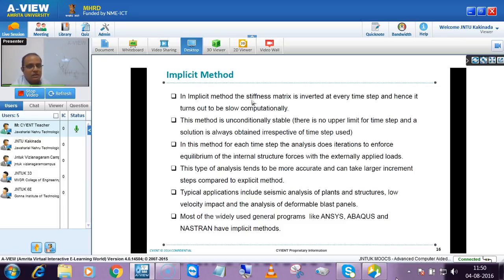With each substep the stiffness matrix is inverted. Inverting the stiffness matrix takes a lot of computational time. That is a disadvantage of this method, but this method is unconditionally stable. Even when you change the time step, you still get a stable solution.